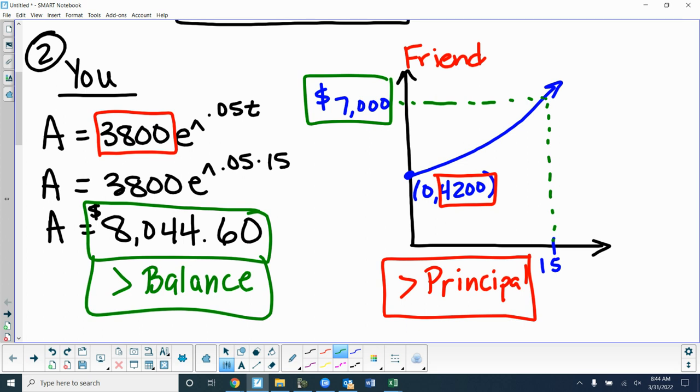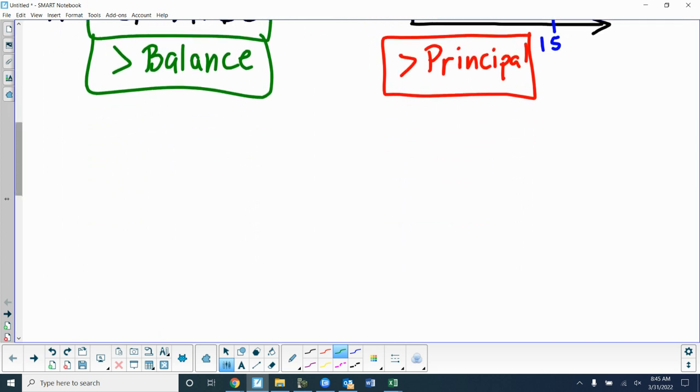Make sense? You understand how to read the graph? How to find the balance? Pretty easy problems, right? All right. 3, 4, 5, and 6. We're rewriting in the other form. So if it's given to you in exponential form, you're supposed to write it in logarithmic form.